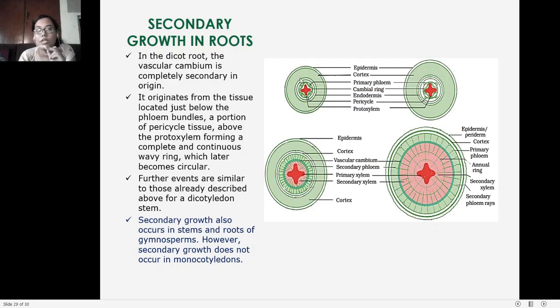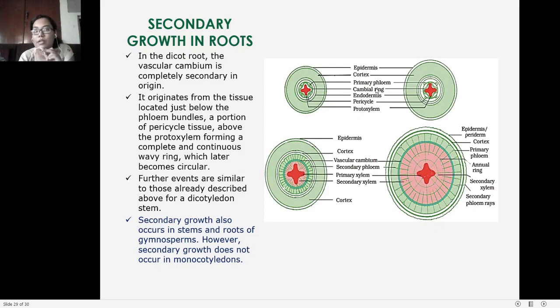So below the phloem bundles we can find certain tissues which are above the protoxylem, which are wavy, and they gradually form a complete ring or become circular.